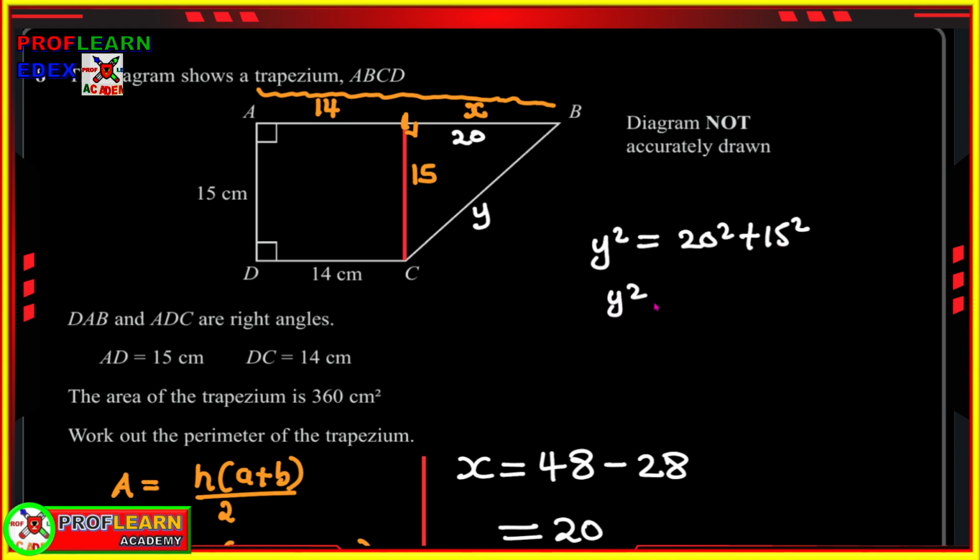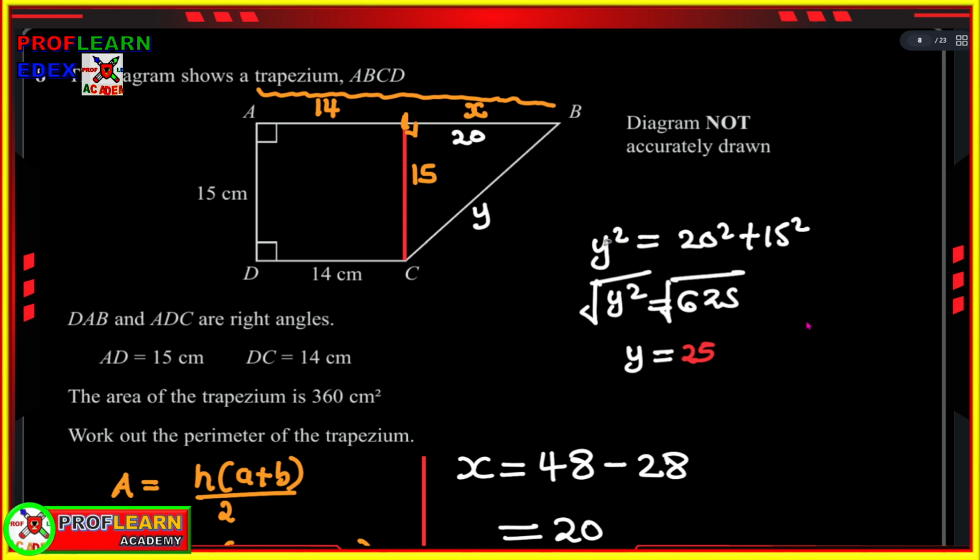So y squared is equal to 625. Find the square root both sides, and y is going to be 25. So 25 is our y.